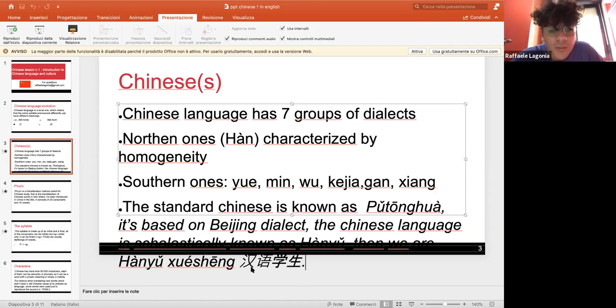So, xuesheng is another important word because it gives me the possibility to explain something.